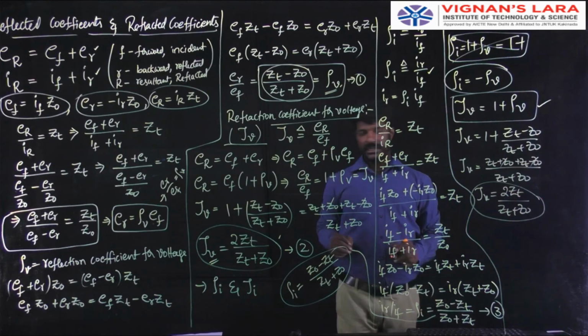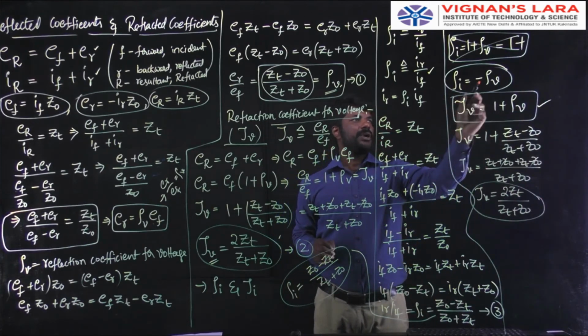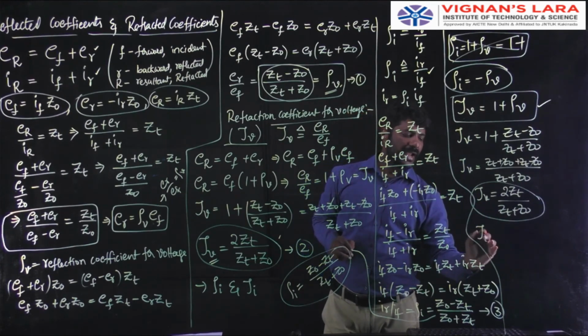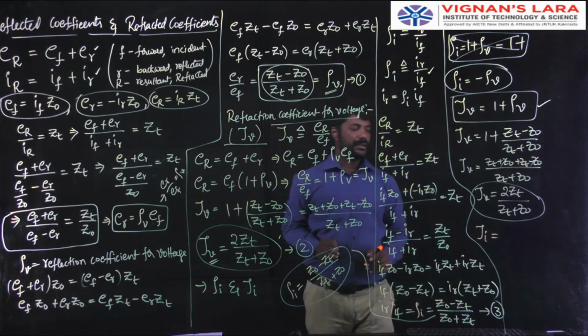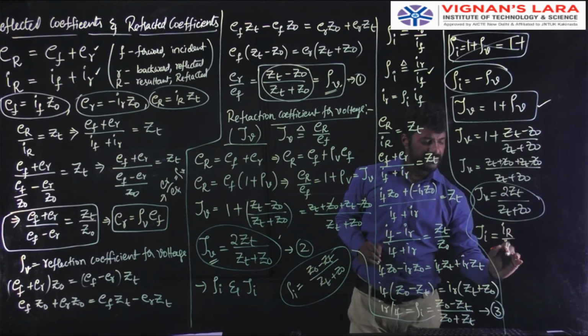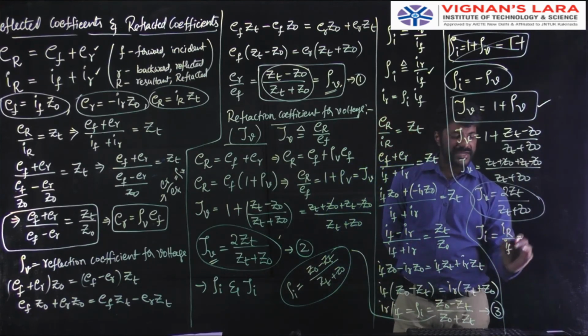So that tau V is equal to 1 plus rho V, rho I is equal to minus rho V, and finally what I have to get is tau I, which is equal to I refracted divided by IF.